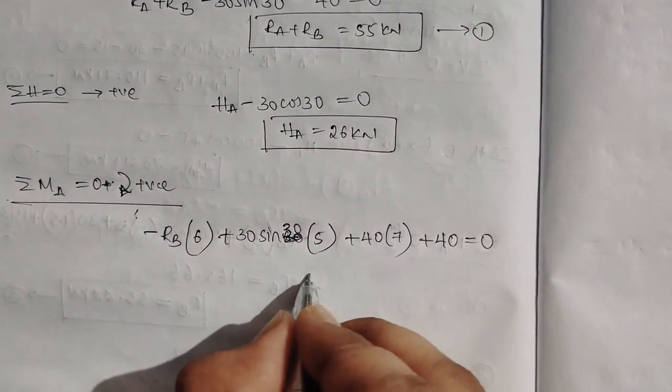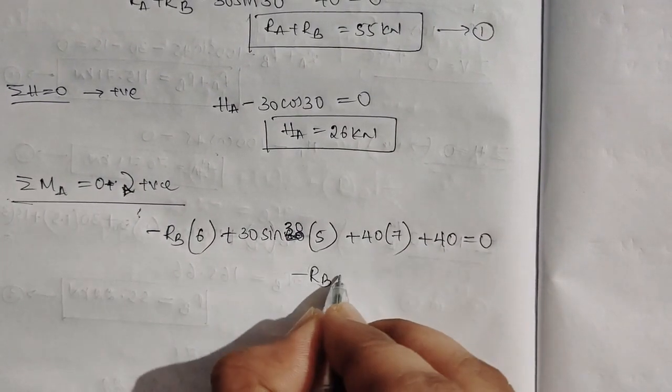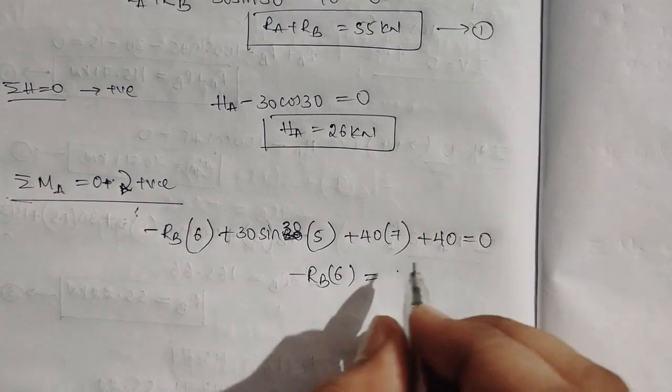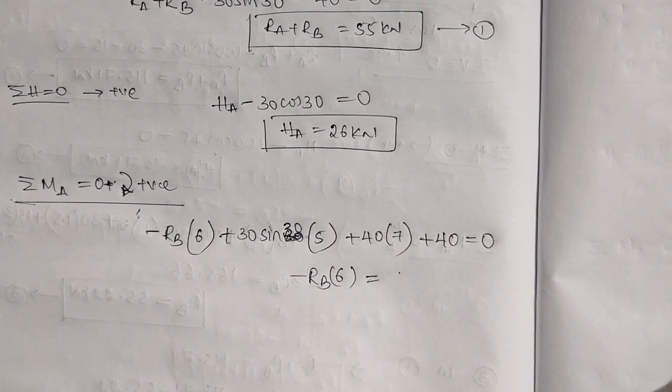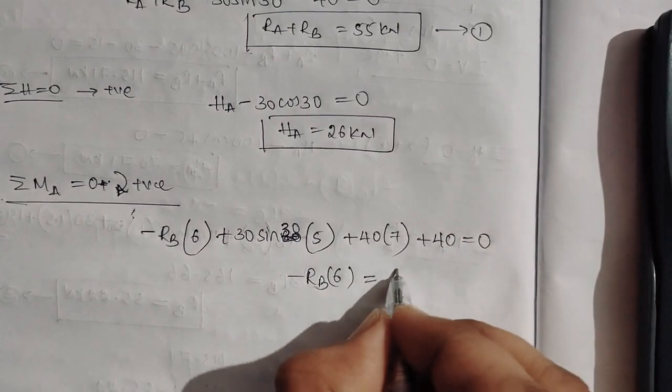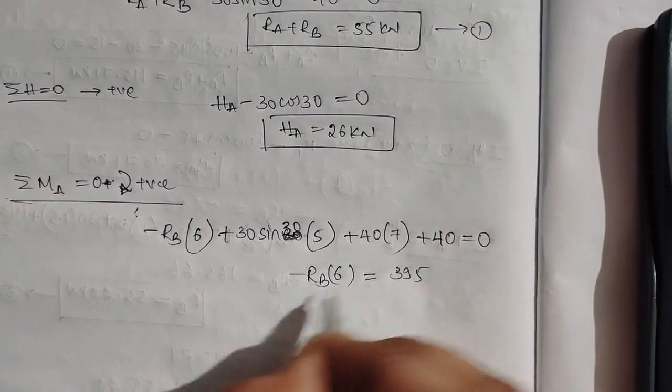Now calculate. So minus RB into 6 will be 395.